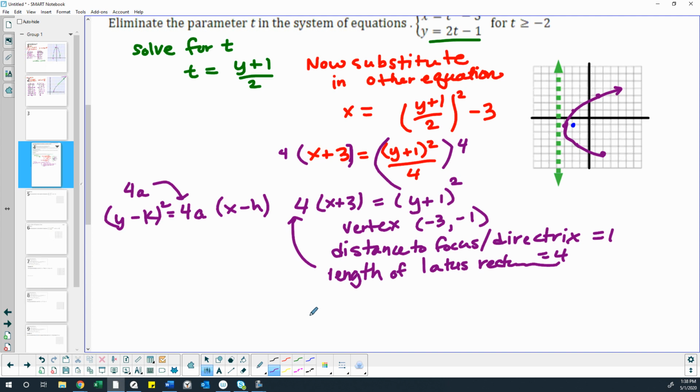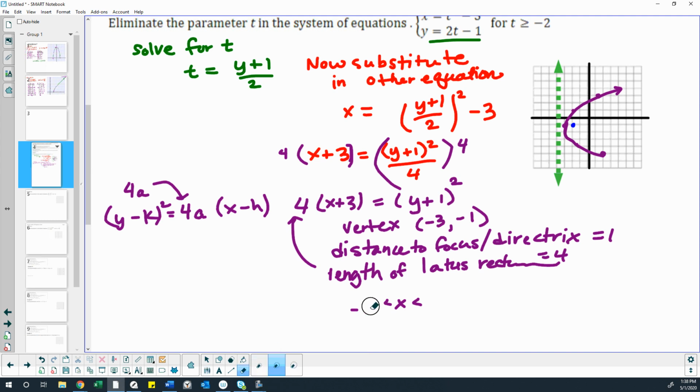So the smallest that x could be would be 1, 2, 3, 4, but not including 4. So -4 is less than x, which is less than infinity. Right? Did I count that wrong? Oh, it's actually -3, because I was thinking that the directrix is an asymptote, and it is not an asymptote.